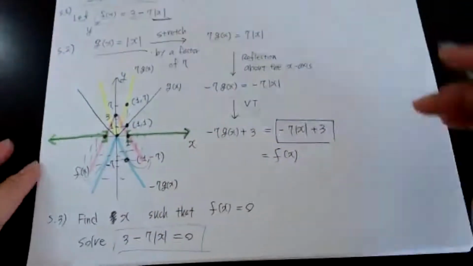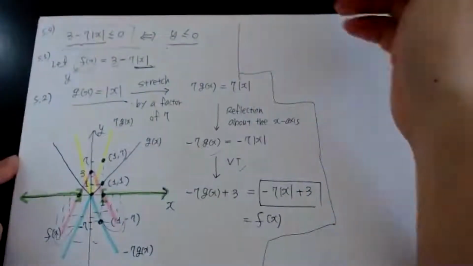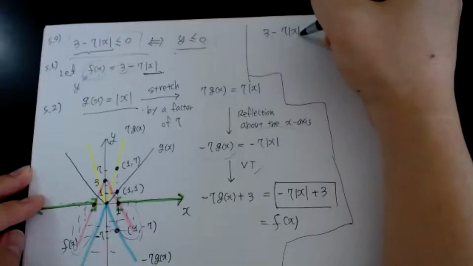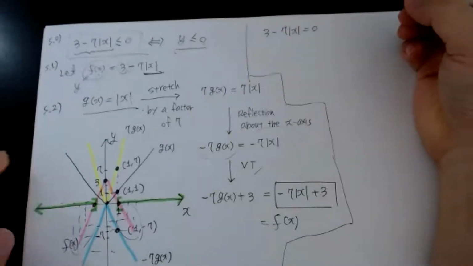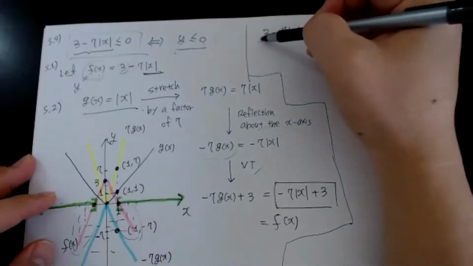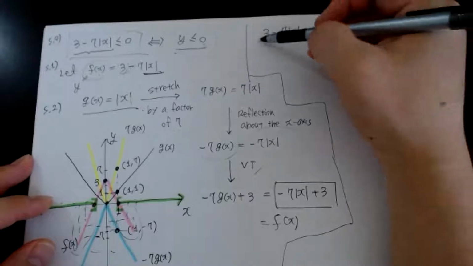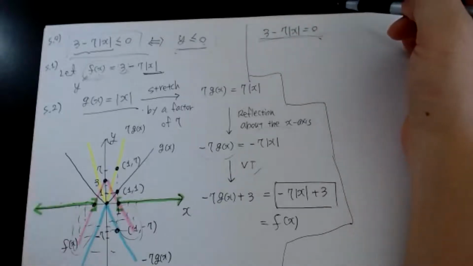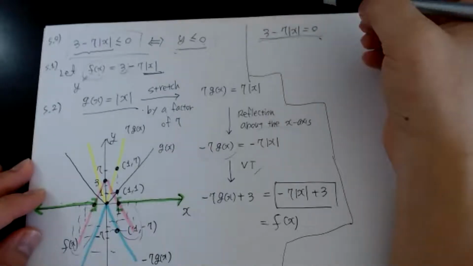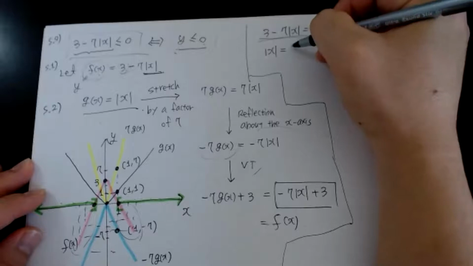So we solve 3 minus 7 times the absolute value of x equals 0. Then we have to isolate the absolute value of x, right? Because we learned how to do this in chapter 1.1, right? This is a linear equation in one variable involving the absolute value of x. So first we isolate the absolute value of x, which is 7 over 3, right?